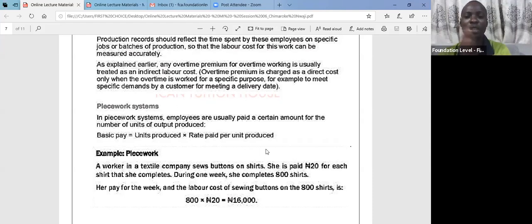Now she is paid 20 naira for each shirt that she completes. During 1 week, she completes 800 shirts. Now we are not told how many hours she spent in the work. We are not interested in the number of hours. We are interested in the number of units. So her pay would be, since we have arranged that we are going to pay her 20 naira for each shirt, and she has done 800 shirts, it's going to be 800 times 20 naira, which is 16,000.